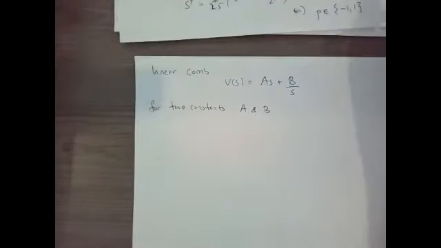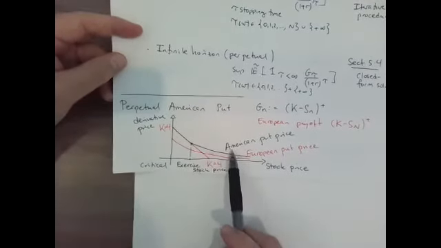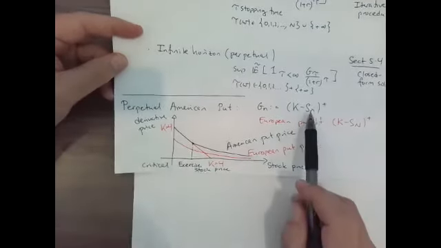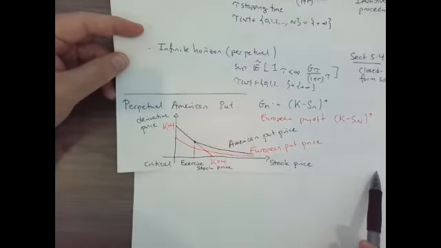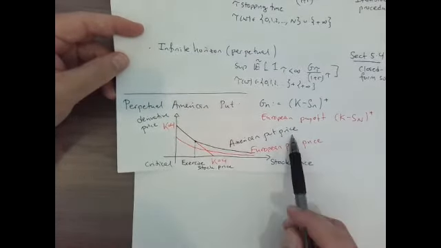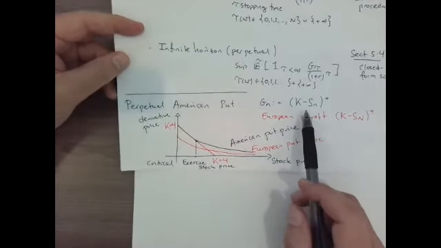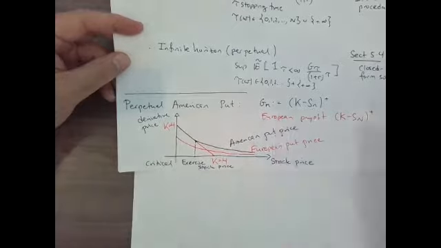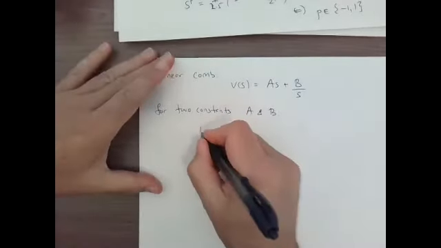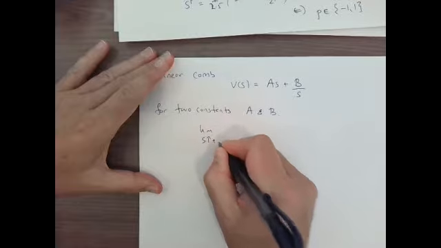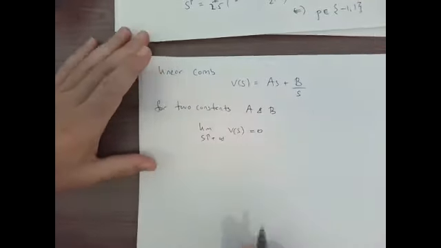So let's go back to the picture again. If I'm looking at the black curve, when the stock price goes to plus infinity, the American put price goes to, how much am I willing to pay for an American put if the stock price tends off to plus infinity? Well, I want the limit as S goes to plus infinity of V of S to be 0.